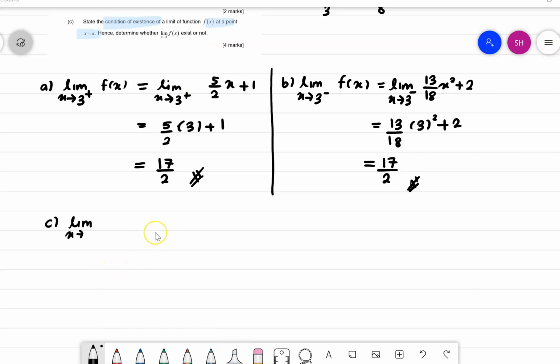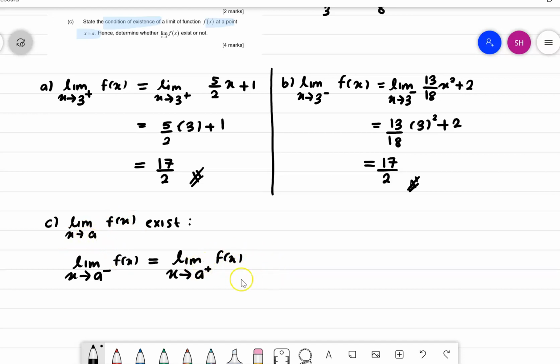Okay, in order for limit of f(x) as x approach a to exist, you need to make sure limit of f(x) as x approaching a from left must be equal to limit of f(x) as x approaching a from right. So when they are equal, therefore limit of f(x) as x approach a exists. So this is the condition.